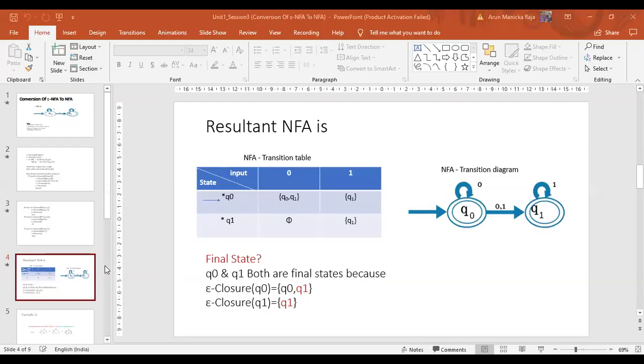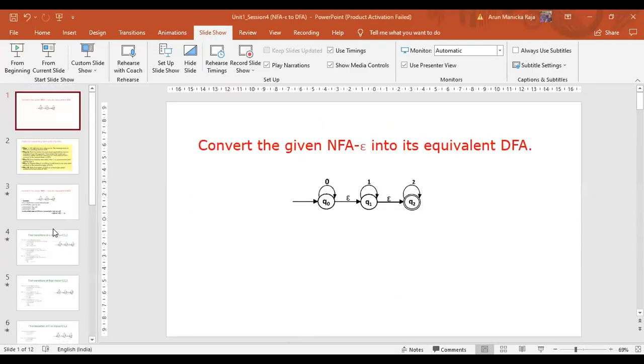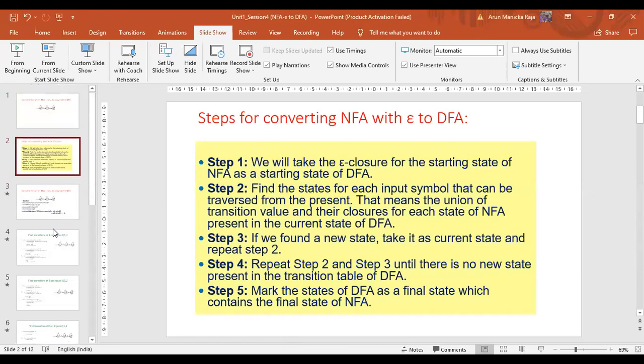The third problem we have discussed very well. Here, what is the difference? We just take the initial state.